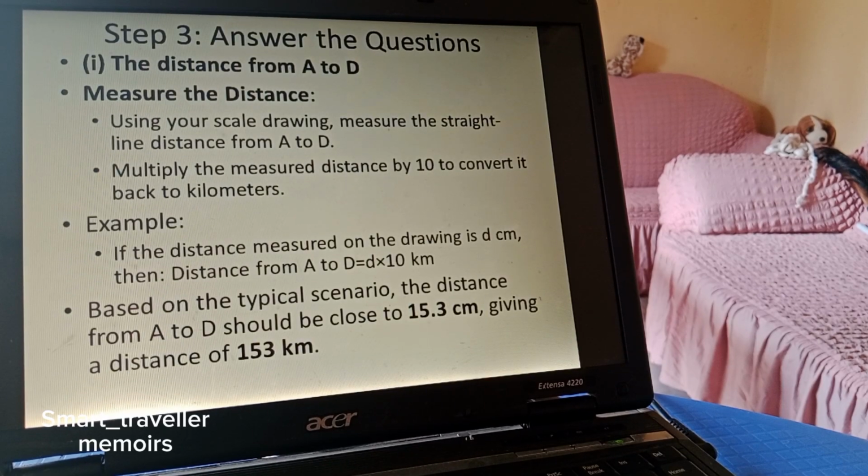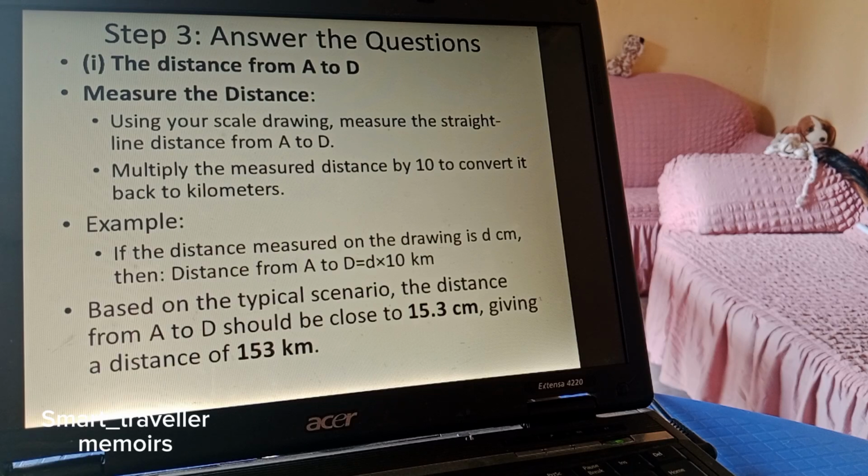Step 3. The distance from A to D. Measure the distance using your scale drawing. Measure the straight line distance from A to D. Multiply the measured distance by 10 to convert it back to kilometers.